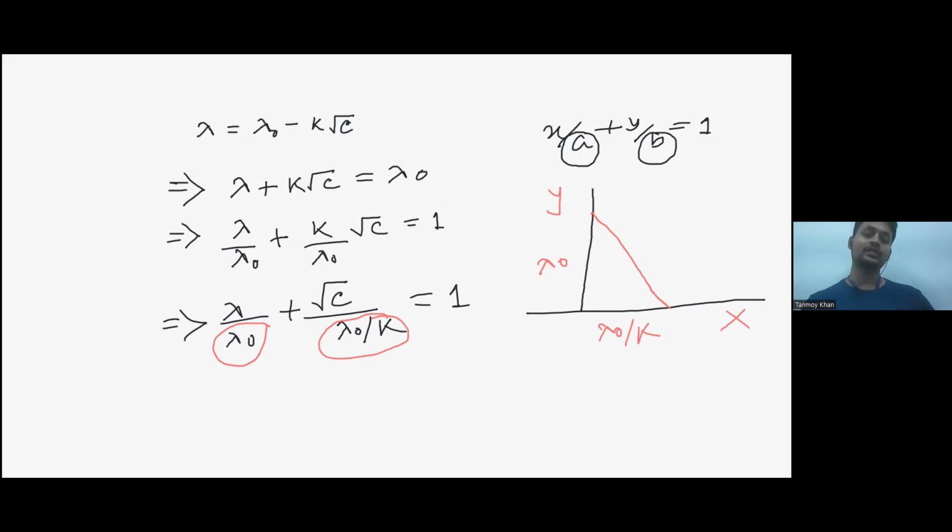If you measure the conductance at various concentrations and plot it, from the intercepts you are going to get your lambda 0. Okay.